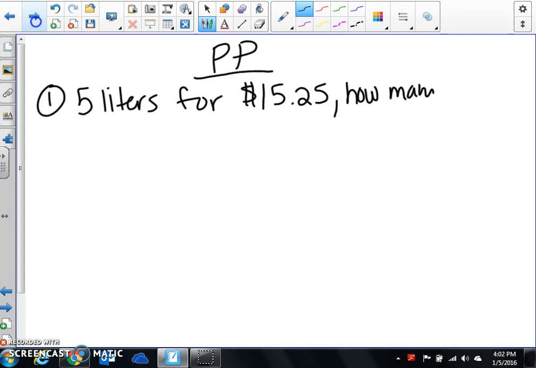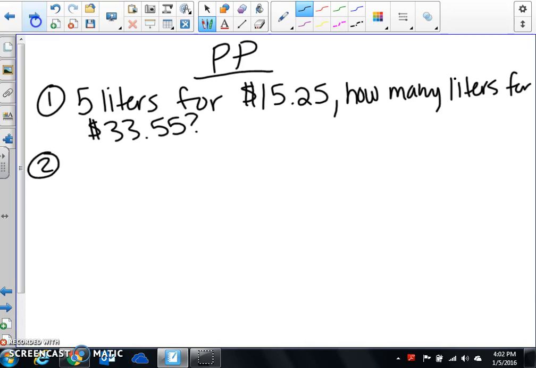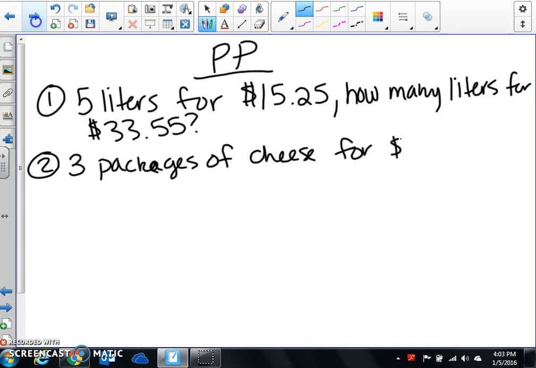How many liters for $33.55? 3 packages of cheese. Yummy. For $7.17. How much for 6 packages?